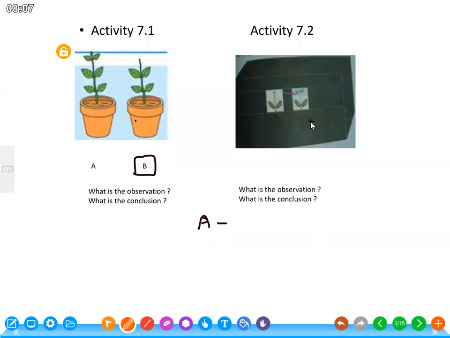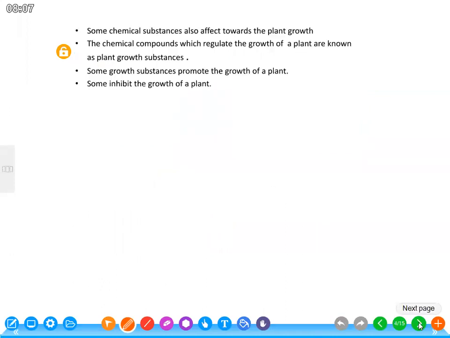So from these 2 activities, we say that there is a chemical compound produced in the plant apex. Okay, did you understand? Right.